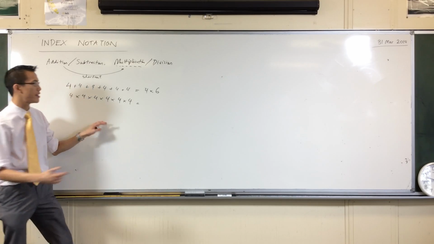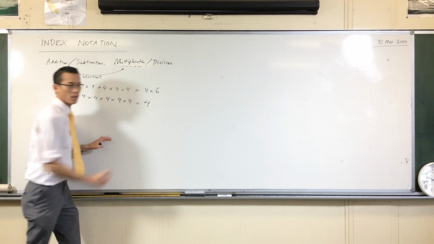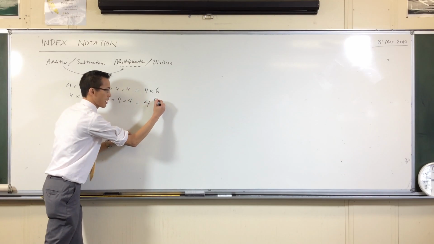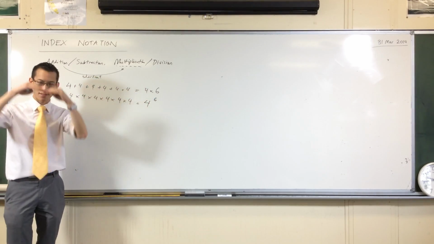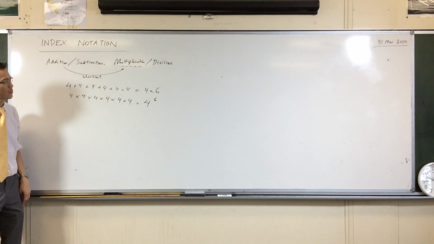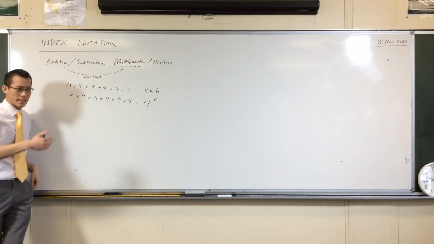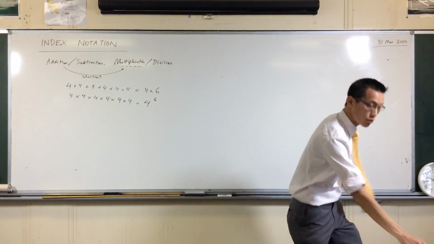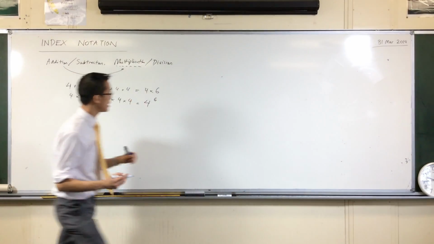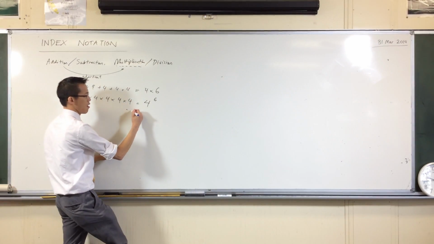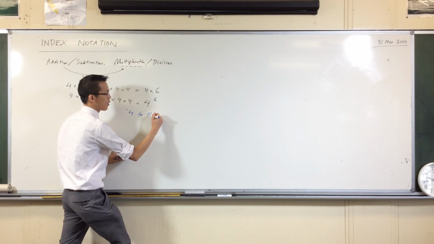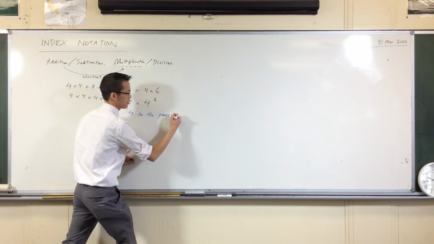The way I would write this is 4 with a little 6 at the top. We call this a superscript. It's written just above the rest of them. The way I would read this is 4 to the power of 6.